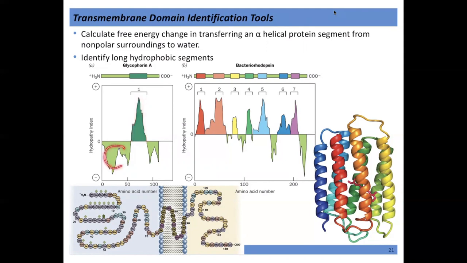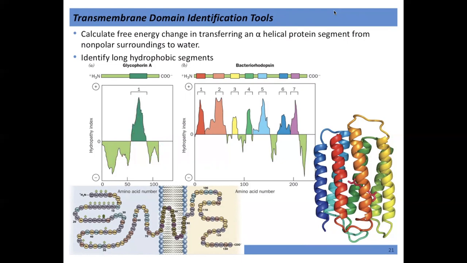The fact that you've got some regions that like to be exposed to water, then some hydrophobic, and then some that like to be exposed to water, that's a good indication that this may be a transmembrane protein, where you've got one end on, let's say, the outside, one end on the inside, and you have to traverse that bilayer.